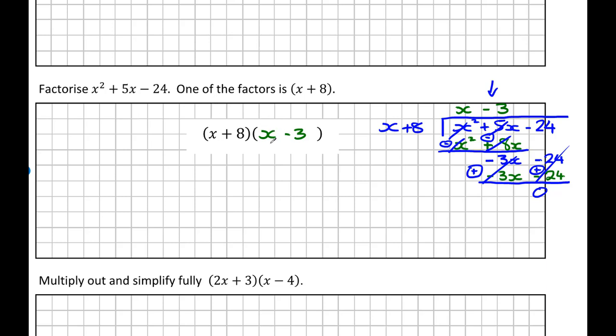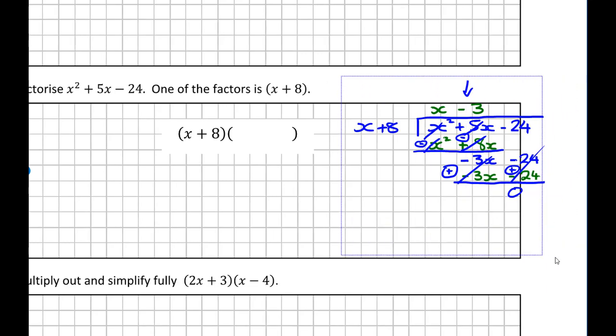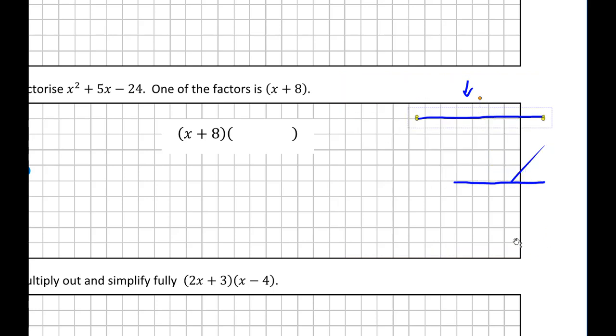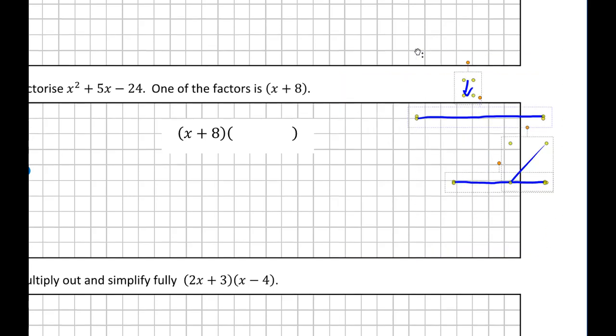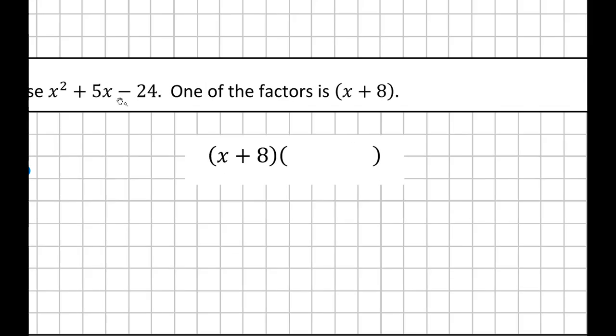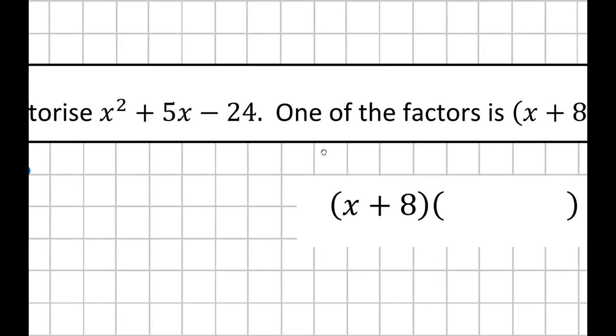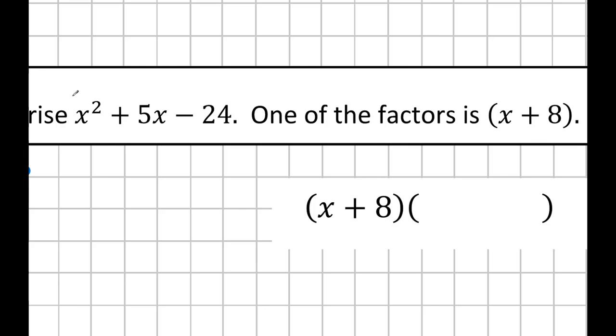Here is a fast way to do this. You don't have any of this stuff here. I wouldn't advise this, but whatever. There's a giveaway here. We have an x squared, we have an x.